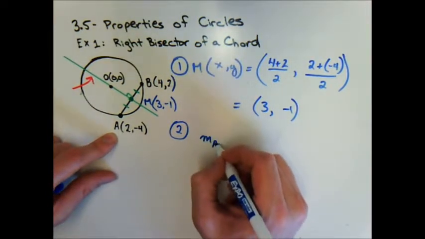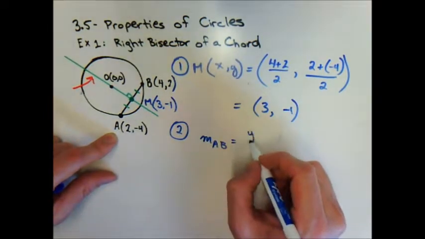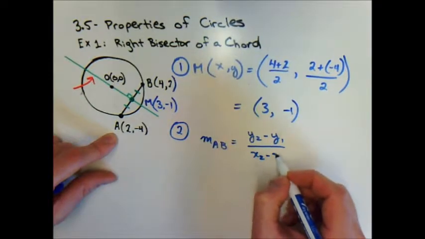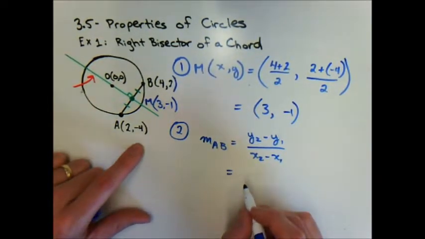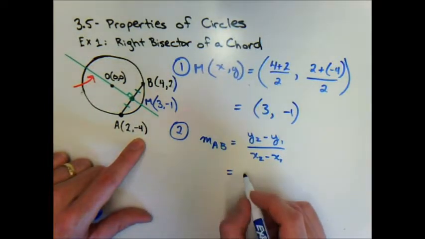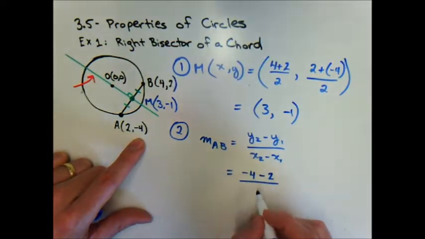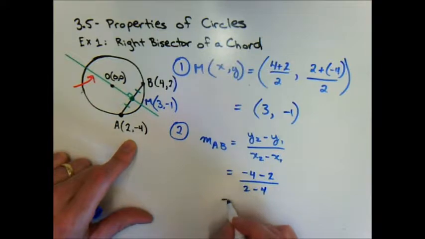The slope of AB is the change in y over the change in x. It doesn't matter which point you start with, as long as you use that as the first point for both the rise and the run, okay? So here we go. We've got negative 4 minus 2, and in the change in x, we have 2 minus 4.